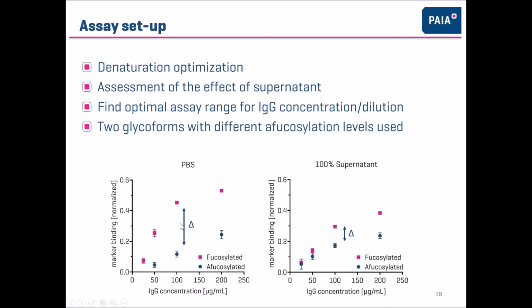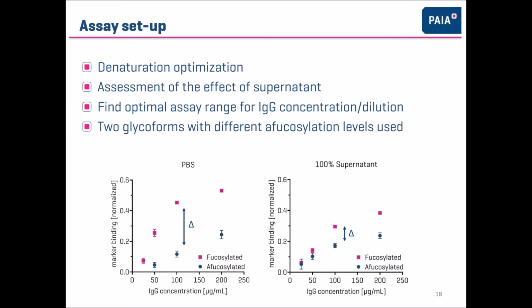And what you can see is that the assay in PBS shows a much higher delta between those 2 curves, which means that the discrimination power of the assay in PBS, or in supernatant diluted in PBS, is a lot higher.